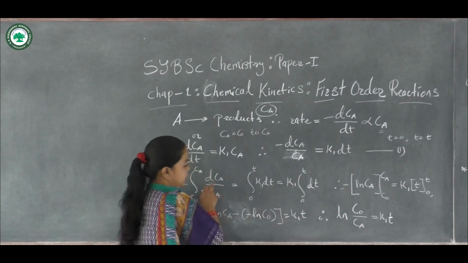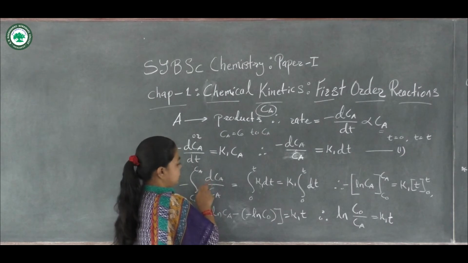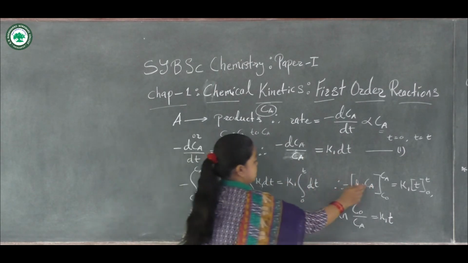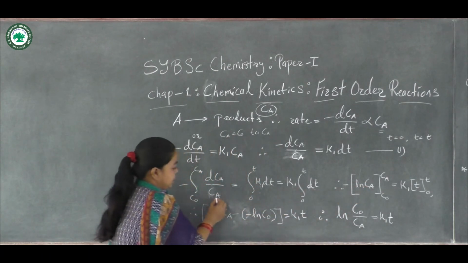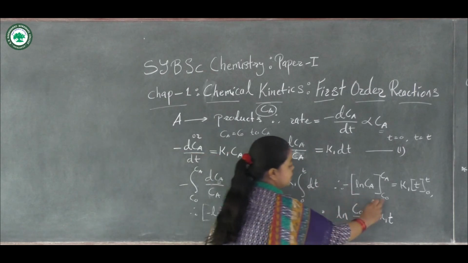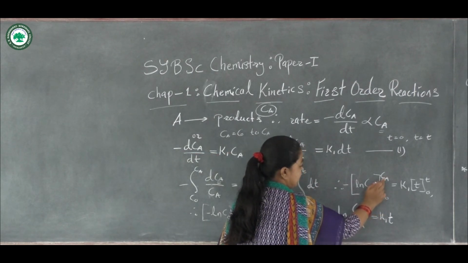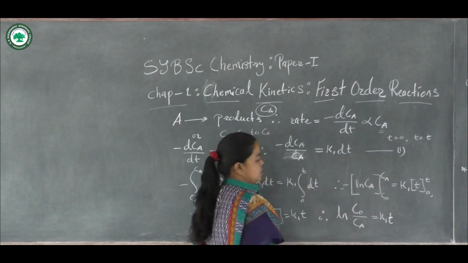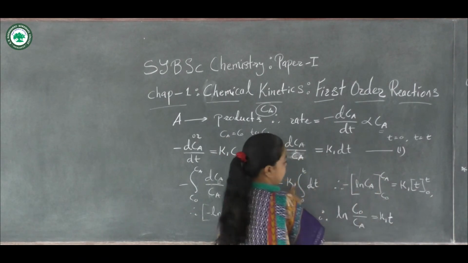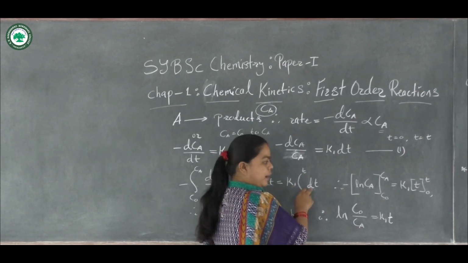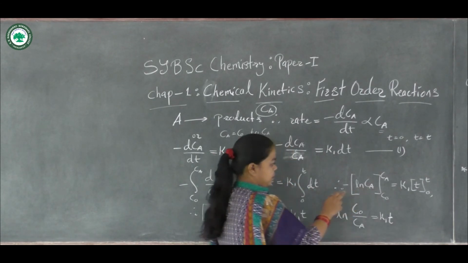Therefore, if we take the log, we get minus ln Ca, with the limits C0 to Ca, equals K1 times t, where K1 remains as it is because it is constant, and t is the variable here, Ca is also variable.